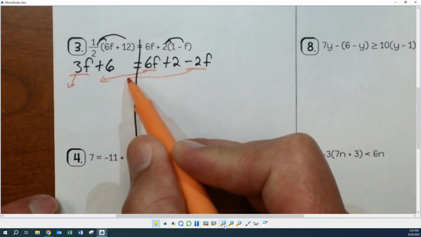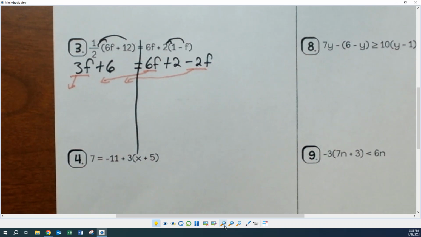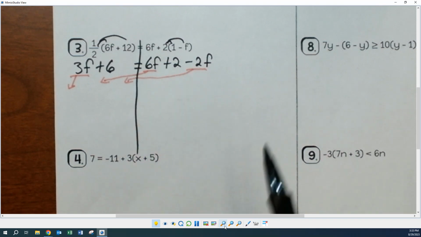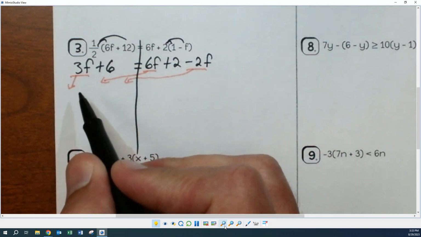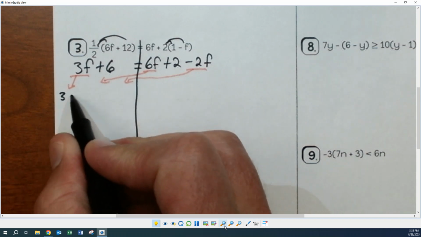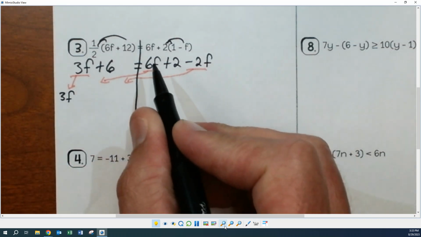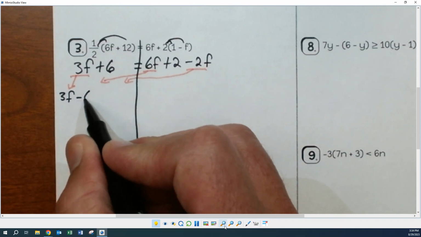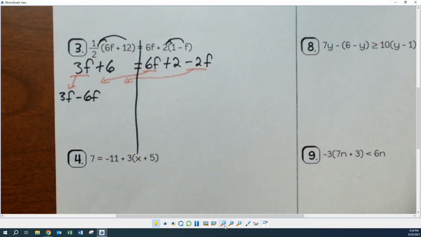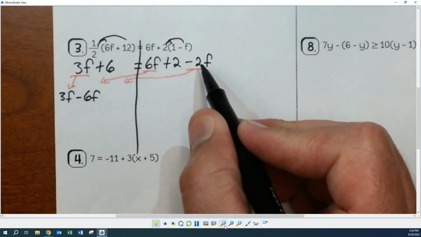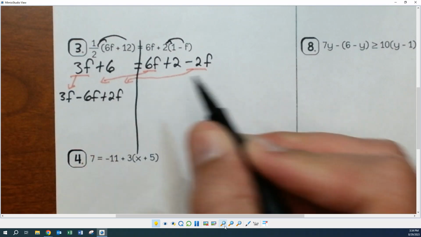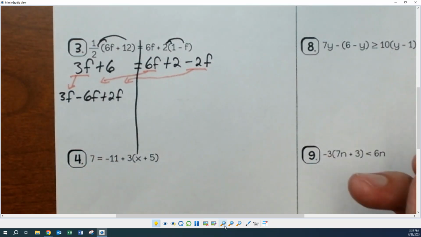Now, the idea behind this is this. If it changes sides, it's going to change signs. So the 3f did not change, so it stays the same. My 6f changed sides, so it changes signs. My negative 2f changes sides, so it becomes positive 2f.